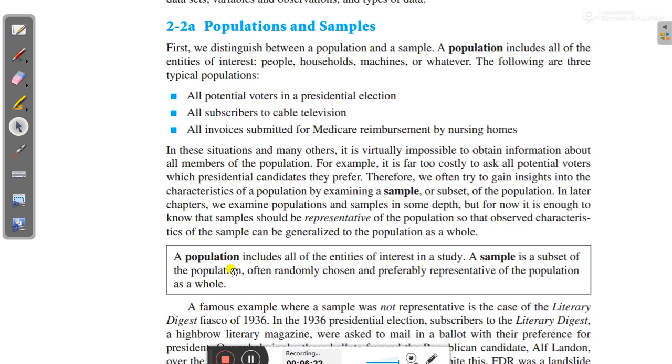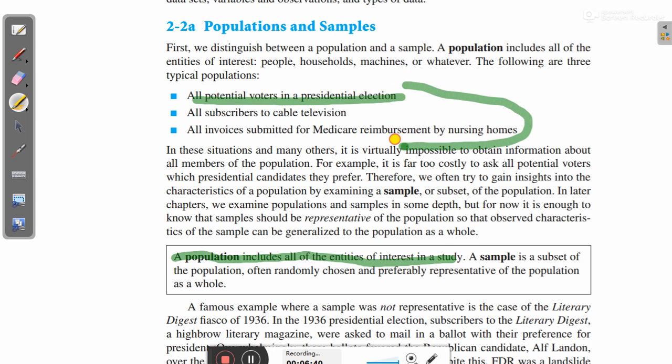Or we can say a population includes all the entities of interest in a study. It means we can consider these as a population as per our study interest. But a sample is a subset of the population, and it is often randomly chosen.